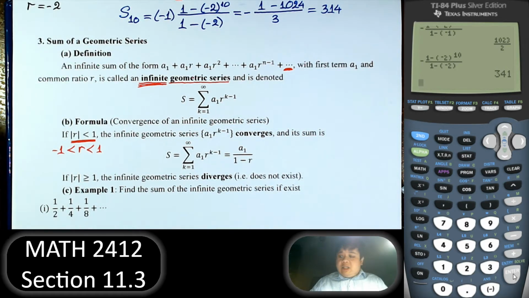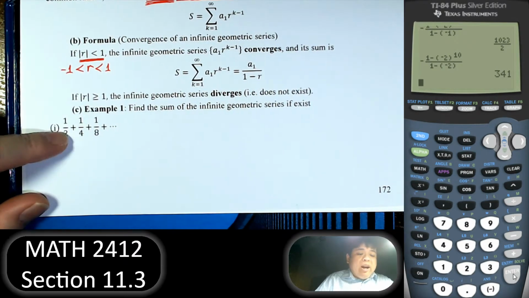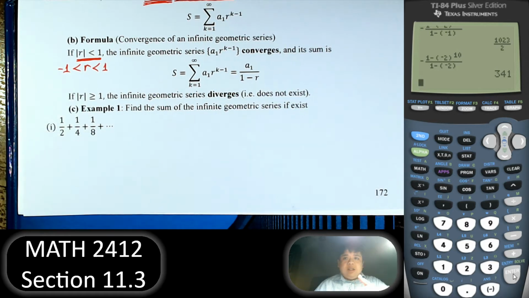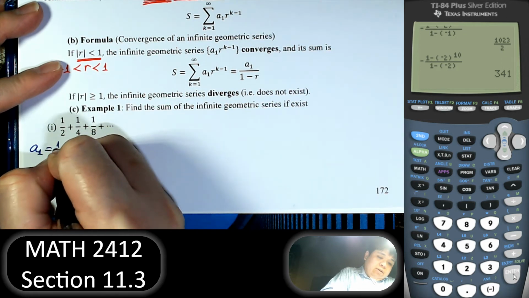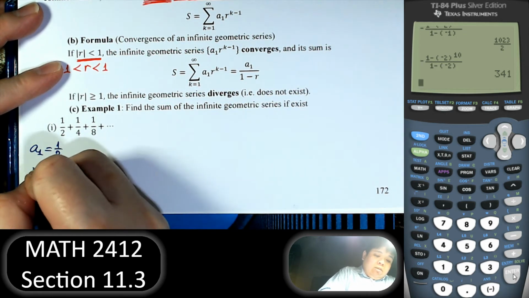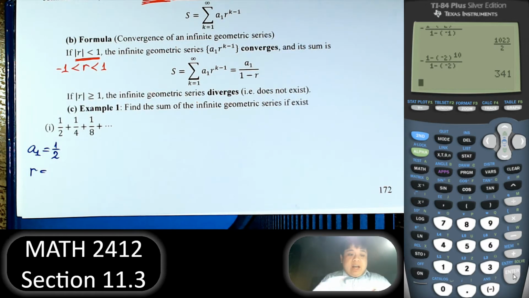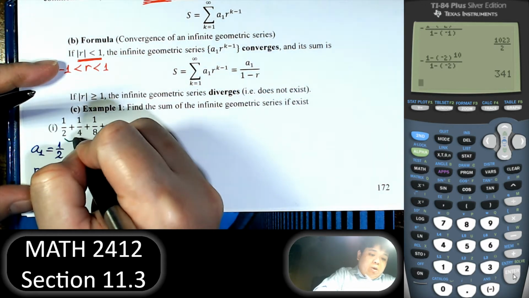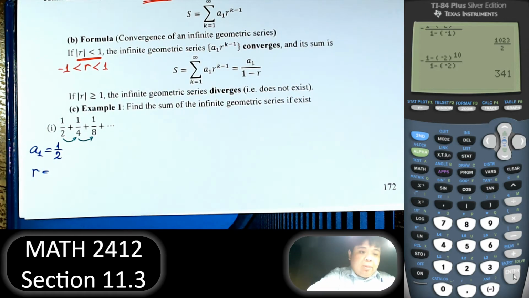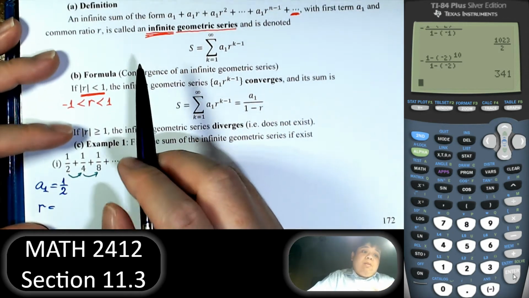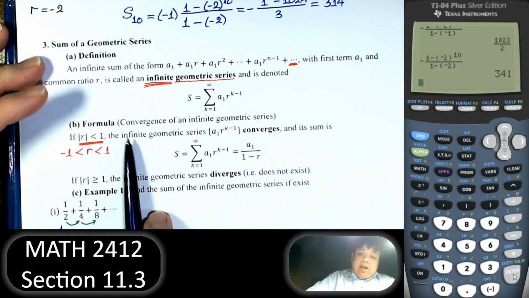So let's look at the example here. We have 1/2 plus 1/4 plus 1/8 plus and so on. In this sequence, the first term is 1/2, and the common ratio, to get from this term to the next, we multiply by 1/2, right? Once again, when we talk about this series, we mean it is a sum.